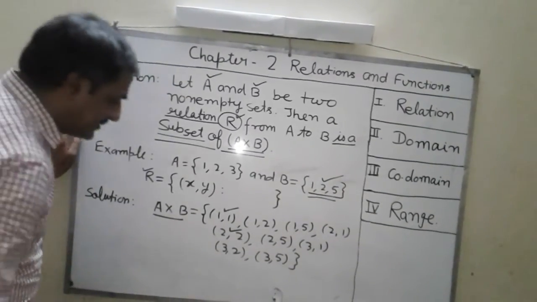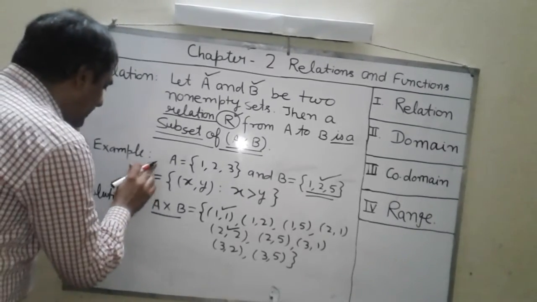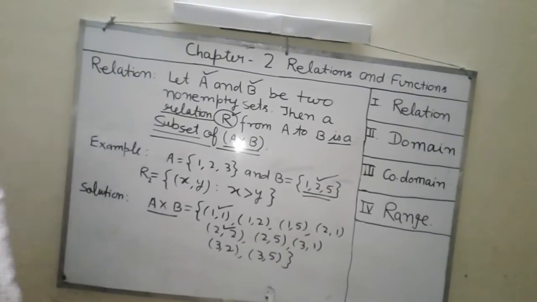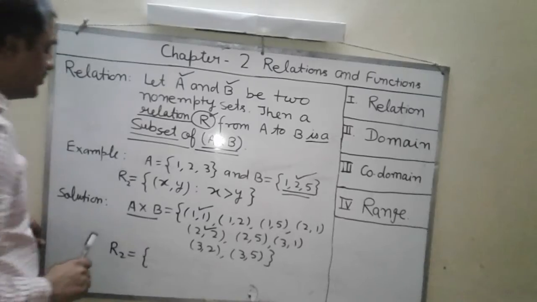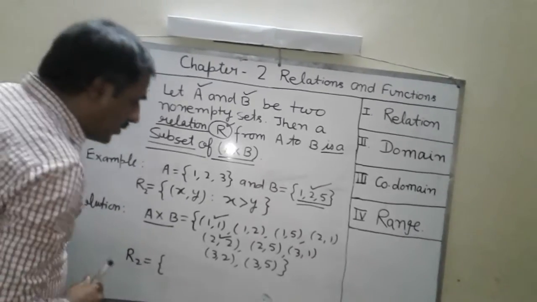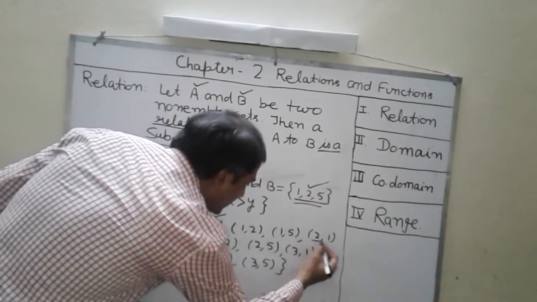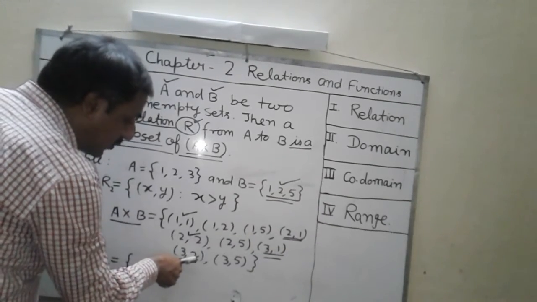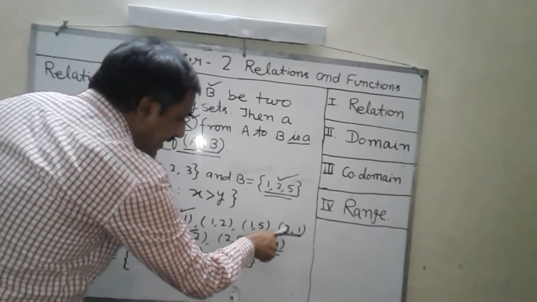Now we are going to define another relation. Let this be R2. If R2 is defined as the ordered pair (x, y) such that x is greater than y, we will write only which ordered pairs? Only those where the value of x is greater than y.